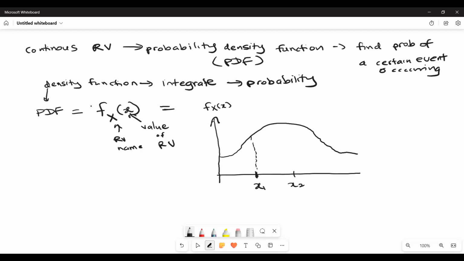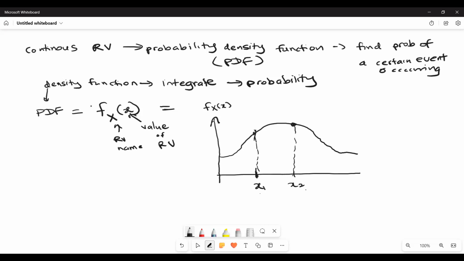So in order to find the probability, I need to integrate between these 2 points. They should be vertical and crossing this plot. Between these 2 points, I want to know the probability of getting a value between x1 and x2.